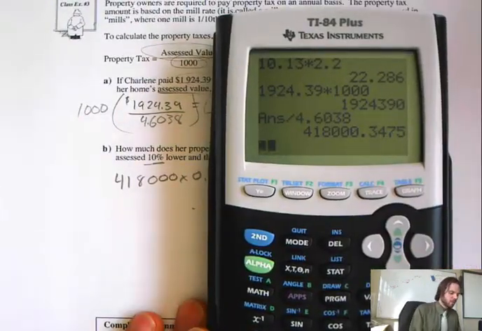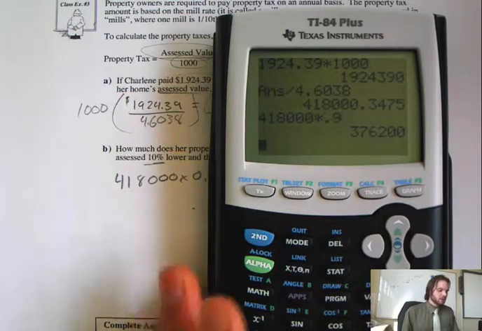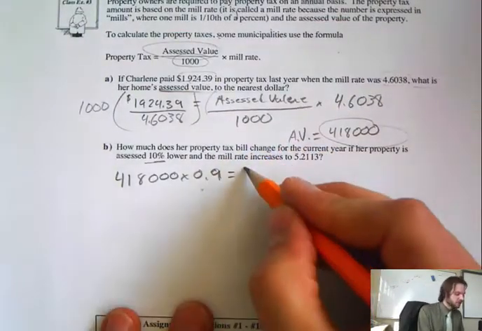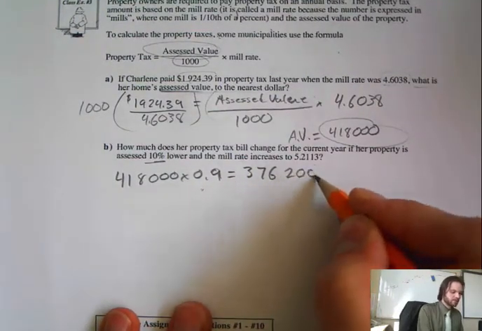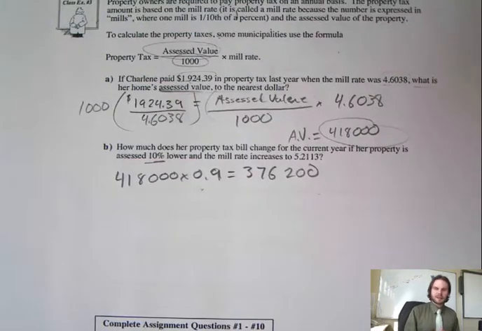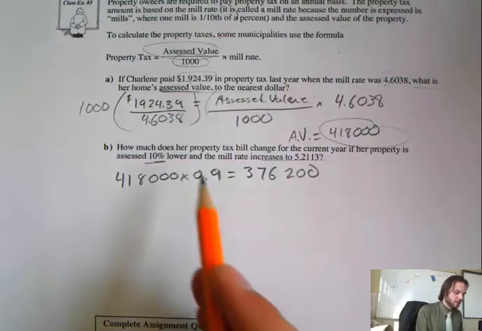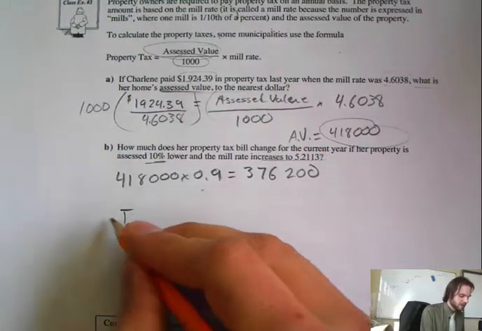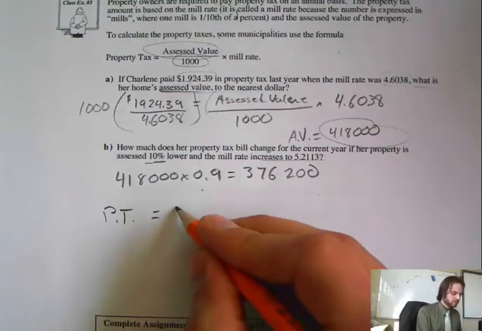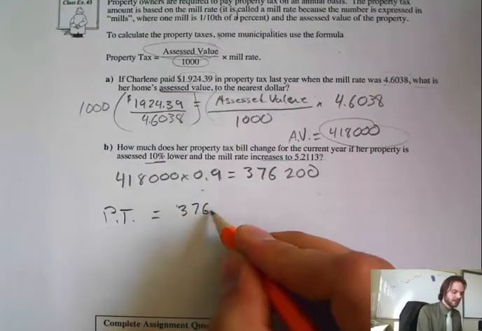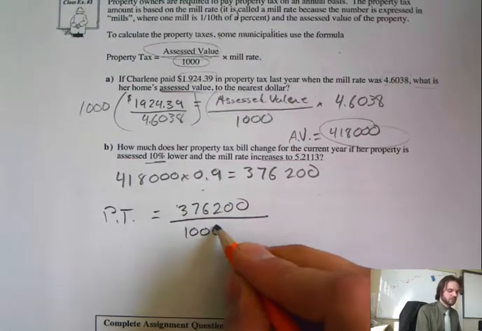We have 418.3 multiplied by 0.9. Enter. So now that's the value of our house, 376,200. Okay? Then it says, oh, her mill rate increased. So we want to know how much property tax. So tax, I'm just going to put PT for property tax, is equal to, we have 376,200 divided by 1,000.